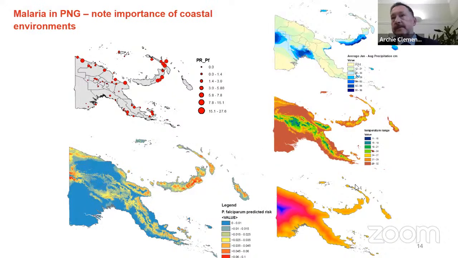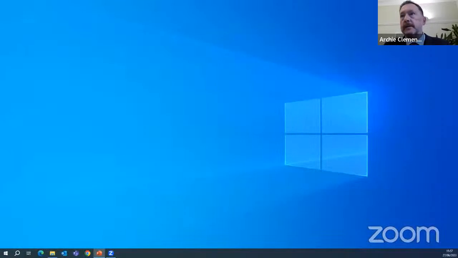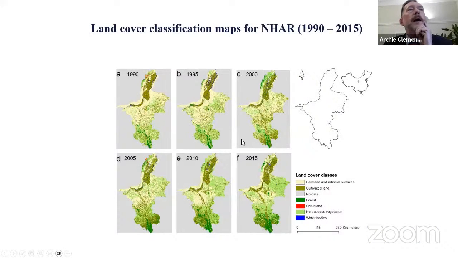for another disease, which is not a water-borne disease, but a terrestrial disease called echinococcosis. This is some work that we did in China, where we looked at the landscape change over a 30-year period.